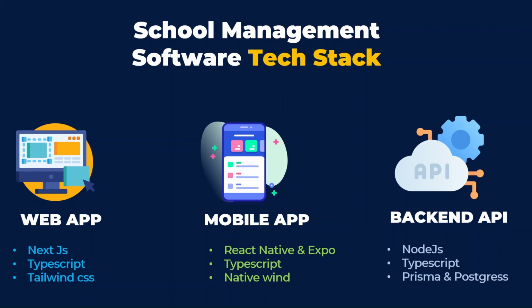And then after this, we are going to build a mobile app. Before the mobile app, we will of course look at a React Native crash course. But specifically for the school management, we'll build using React Native.